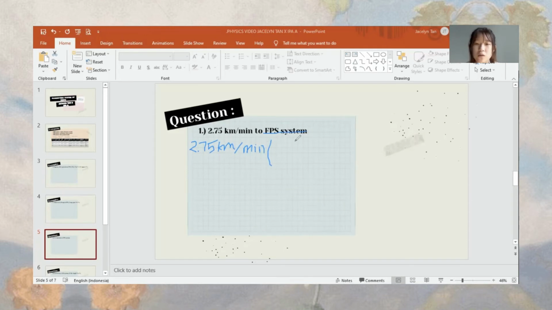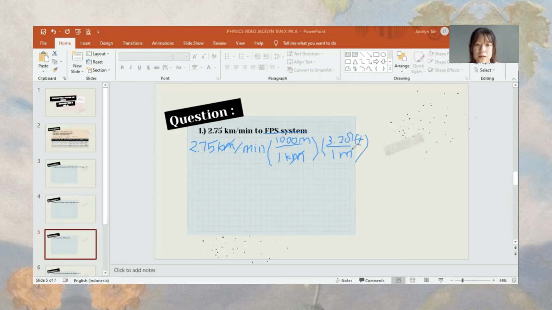We need to change kilometers to meters. So 1 kilometer is equal to 1000 meter. Now we can cancel the meter, and then we know that 1 meter equals 3.28 feet.